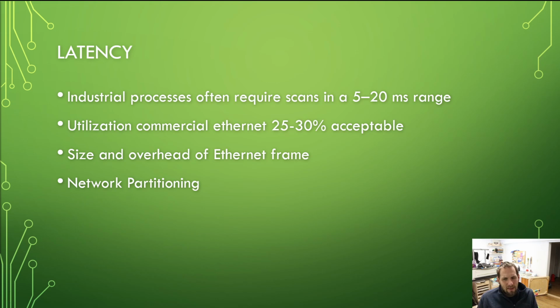Now, latency. This is the big issue, as we talked about. Latency is the time it takes for me to send something for the receiver to receive it. Sometimes you'll hear this as a one-way latency, sometimes as a round-trip latency.